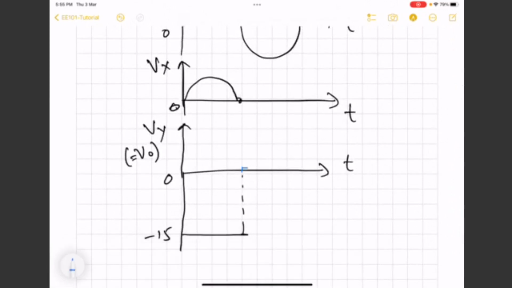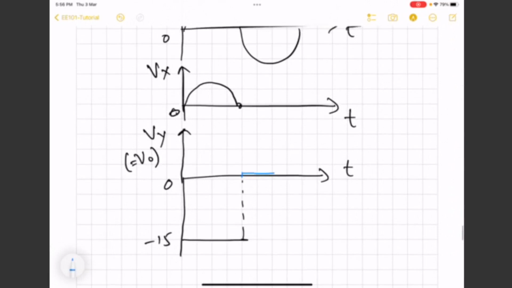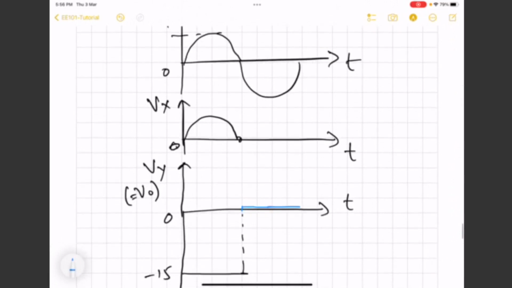So it is going to be very small, 0.7 volt. Here we have minus 15 volt. And Vx is 0. So this is 0 volt.